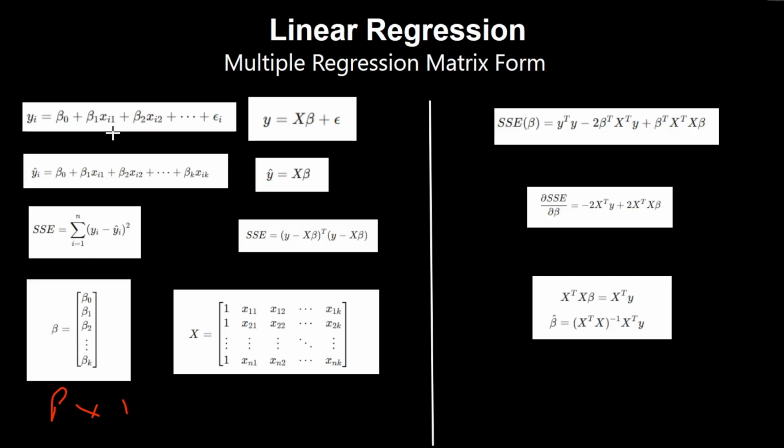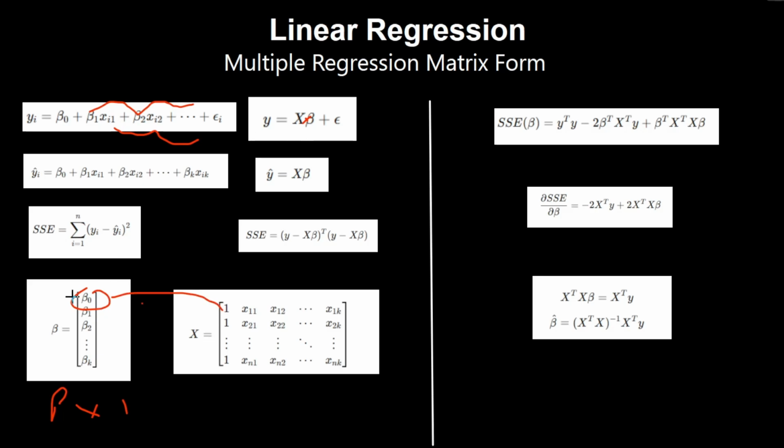For each input variable we need that many parameters, which is why the shape is p times 1. The first one, beta naught, is the intercept value. When we do the matrix multiplication, the intercept must be handled by multiplying with 1.